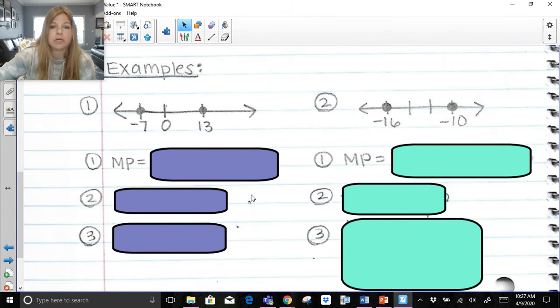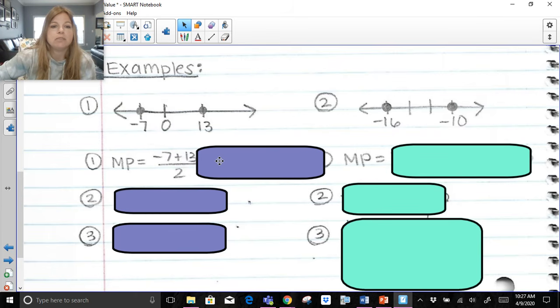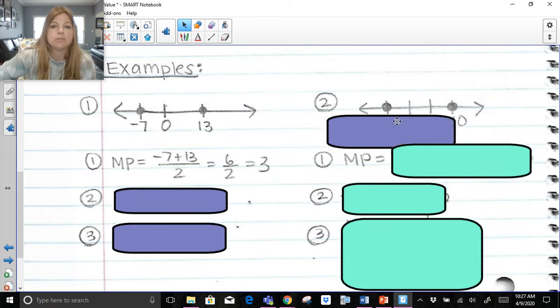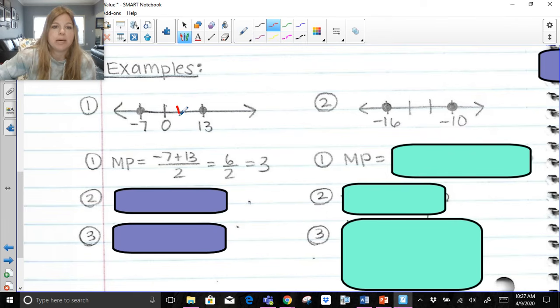If you feel like you want to try them, go ahead and pause. Otherwise, stay with me. So first step, I want to figure out the midpoint between -7 and 13. So I add them and divide by 2. I'm taking the average of those 2 numbers, which is 3. So 3 would be my midpoint. I then need to calculate the distance from the midpoint to an endpoint.